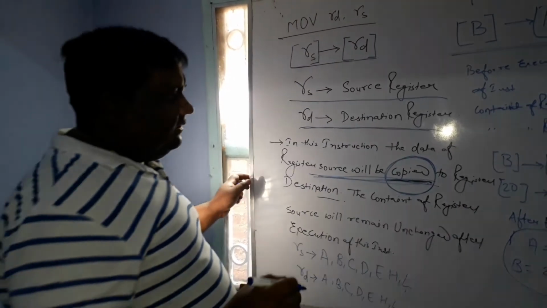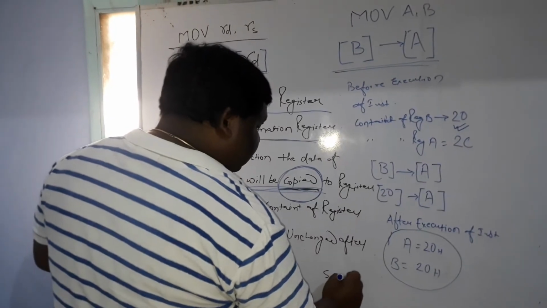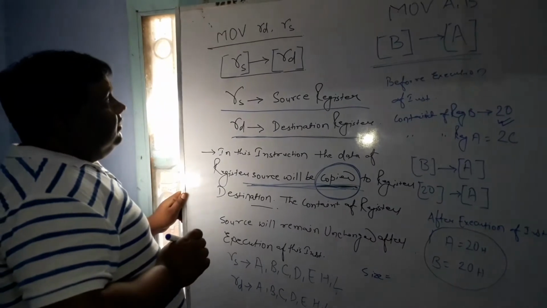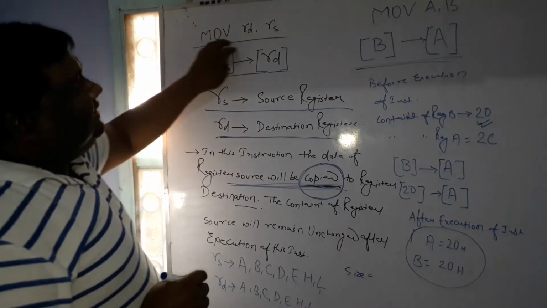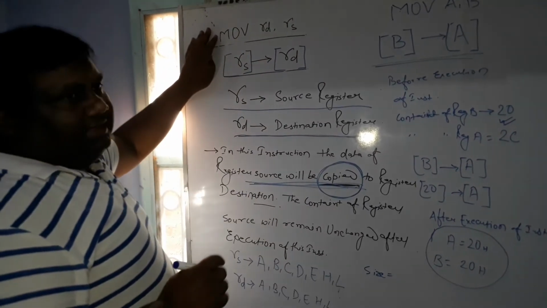For the size of this instruction, I have given you a rule. Just see the number of bytes of data in the instruction. In the instruction there is no visible data.